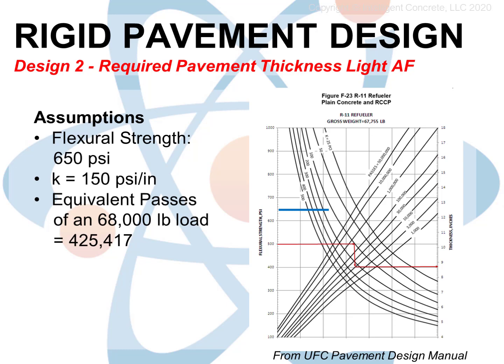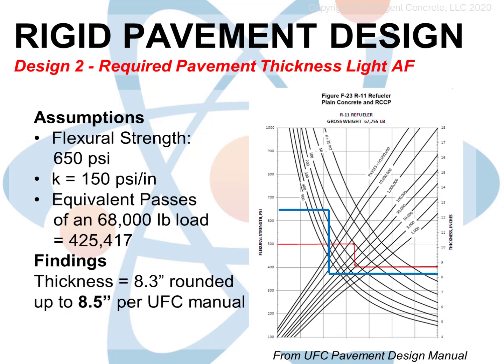Robots prefer to work in private, I guess. Anyway, you start out again with your flexural strength on the left side of the graph. Ours is assumed at 650 psi. Then you move to the right until you reach the modulus of subgrade reaction at 150. Next, we draw a line straight down to the controlling vehicle's equivalent passes. Ours is 425,417 passes.